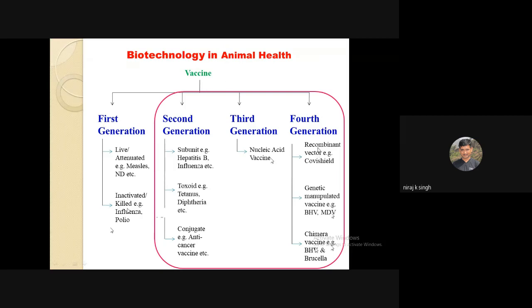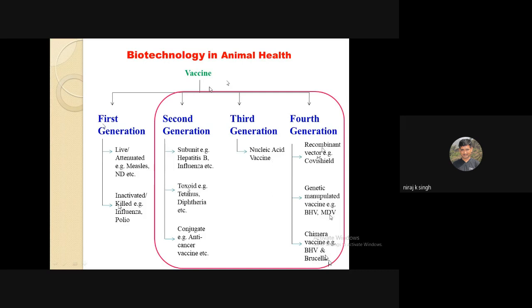Likewise, here we produce microbes which have some portion of one pathogen and some portion of another pathogen. This provides protection against both organisms, like the Brucella and BHV vaccine. Brucella and BHV are both related to animal reproduction. This chimeric virus has some part of BHV, bovine herpes virus, and some part of Brucella bacteria, and can provide protection against both BHV as well as Brucella.